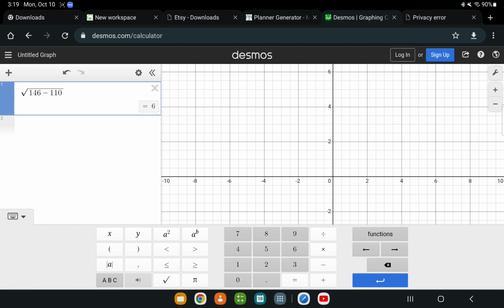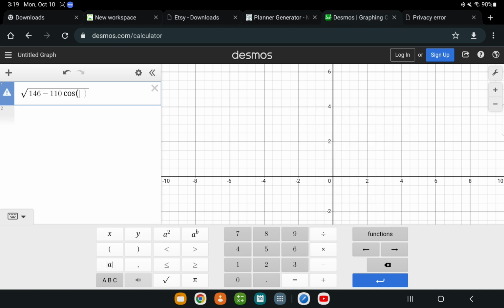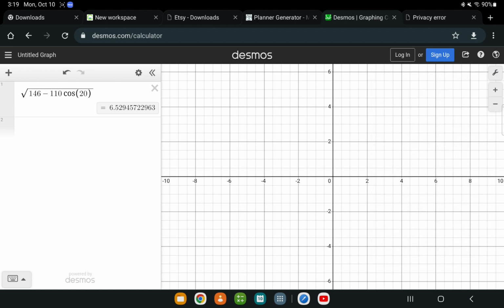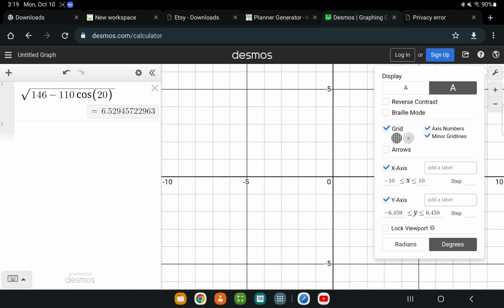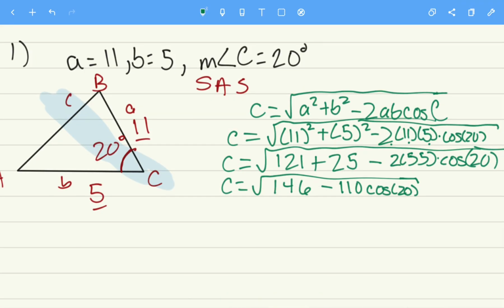So we have 146 minus 110 cosine 20, which gives us about 6.53. Again, make sure your calculator is in degrees. You do not want it in radians. So our side c is 6.53.